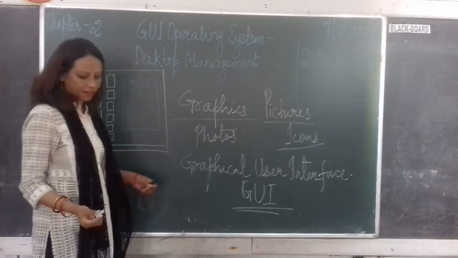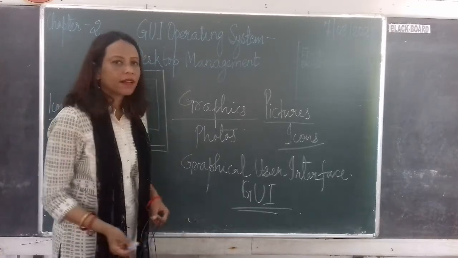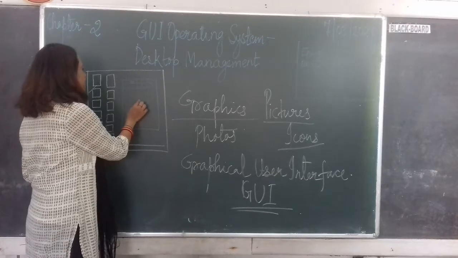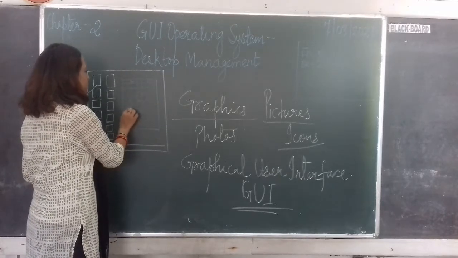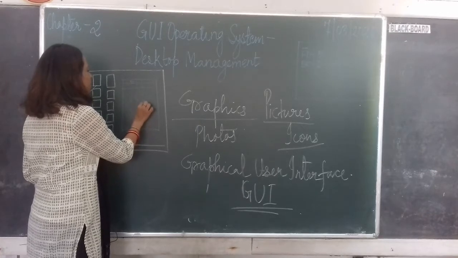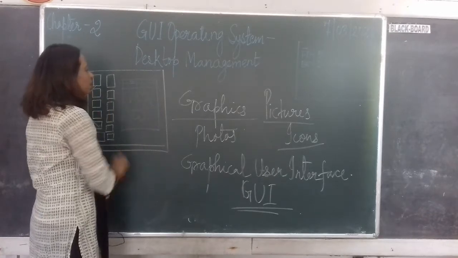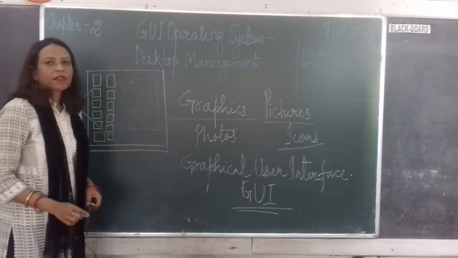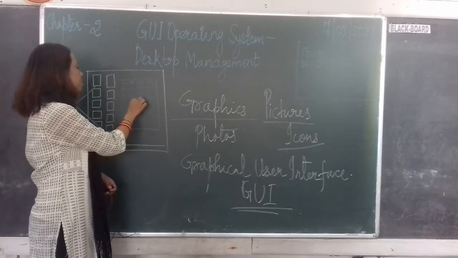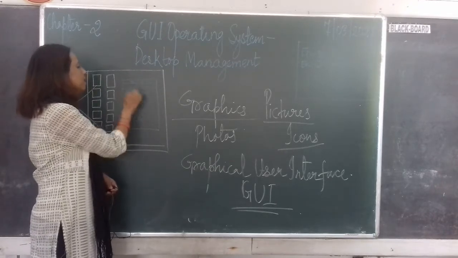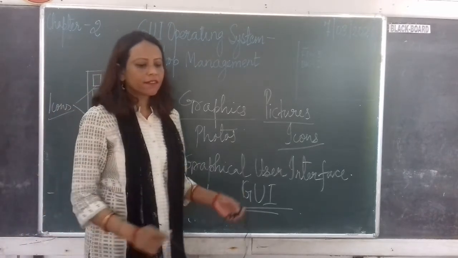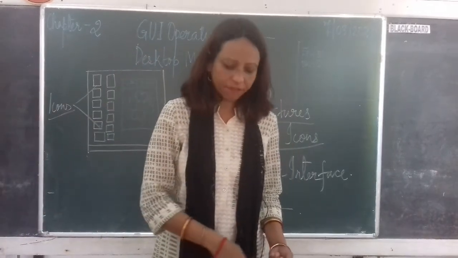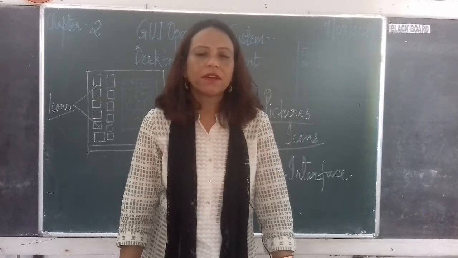It looks like your real pencil, and with the help of that pencil you can draw the picture very easily on the screen by using your mouse. Hold your mouse and your mouse will help you inside the screen to make your drawing. So this is the difference between graphical user interface and character user interface.